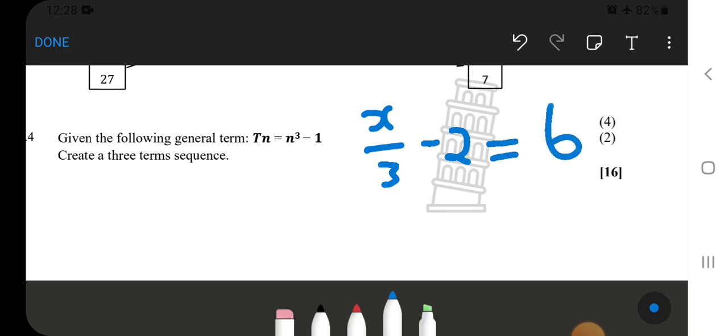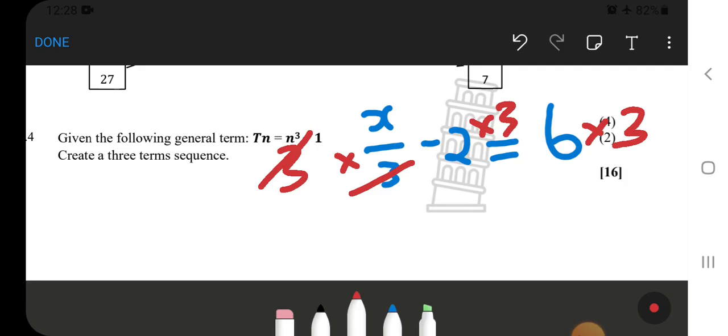We don't have the X. It's written as number A. So what we do is that to get rid of this fraction, we can multiply by 3. 6 multiplied by 3, 2 multiplied by 3, and then this one multiplied by 3, so that we can cancel that.